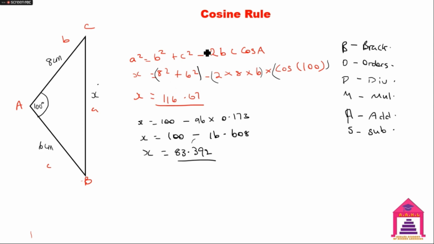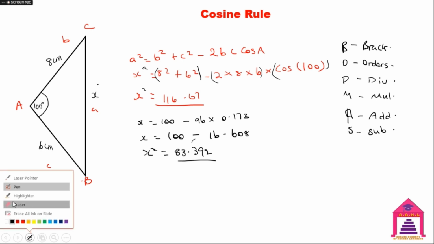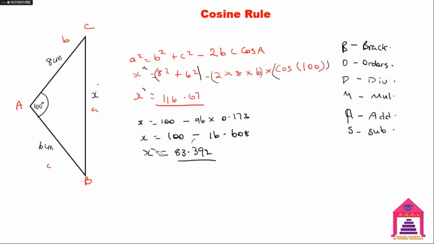Let's make sure that we're doing the correct thing. a squared is equal to b squared plus c squared.